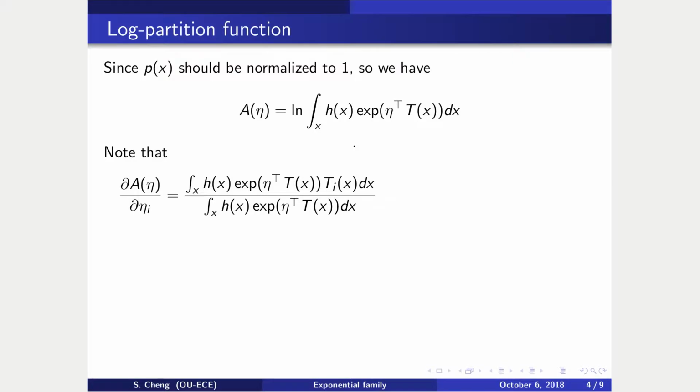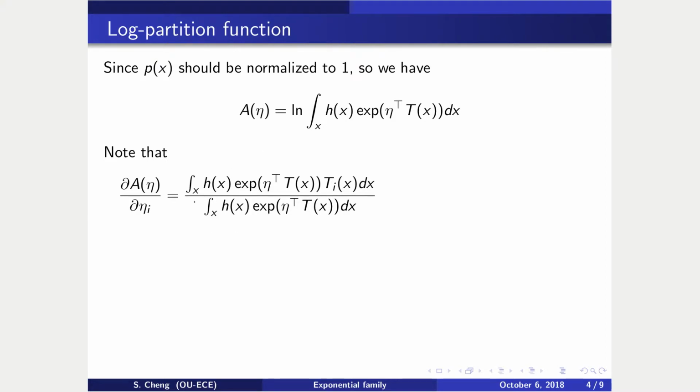And then the interesting property of this log-partition function is that if we take the partial derivative of A(eta) with respect to a component of eta, let's say eta_i, then we will have something like this. The partial derivative of log of something will be just 1 over that argument, right?